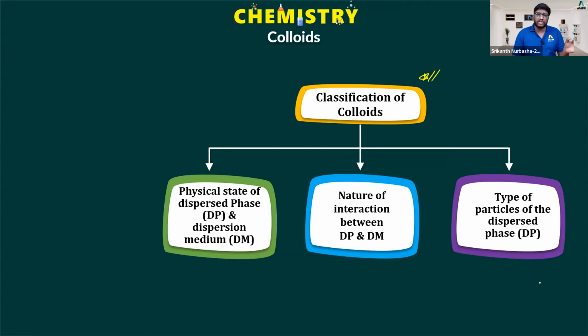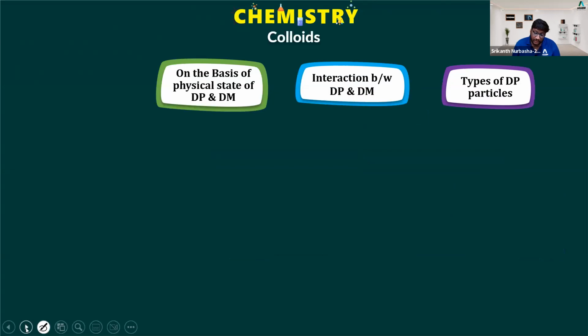In the first, we vary the dispersed phase and dispersion medium. In the second, we look at the interaction between them, which gives lyophilic and lyophobic. And for the particles, as I told you earlier, we have multimolecular colloids, macromolecular colloids, and associated colloids.